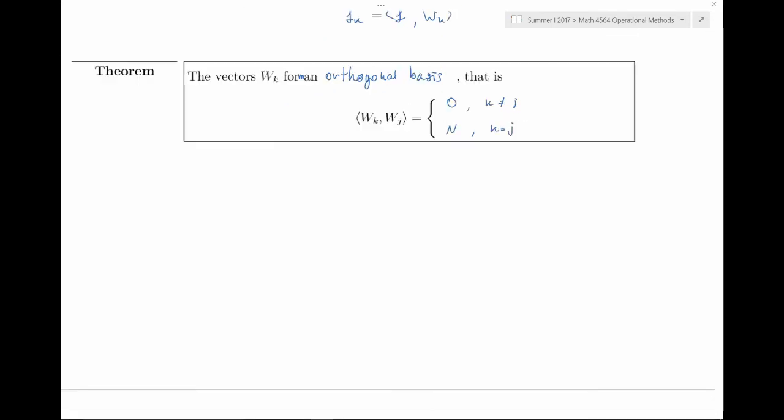The proof of this fact is extremely simple. The inner product of w_k with w_j is the summation, let's use the index m going from 0 to n minus 1, and the components of w_k are the number w_k raised to different powers, multiplied by the corresponding components of the vector w_j.